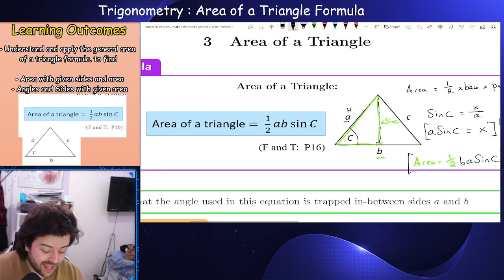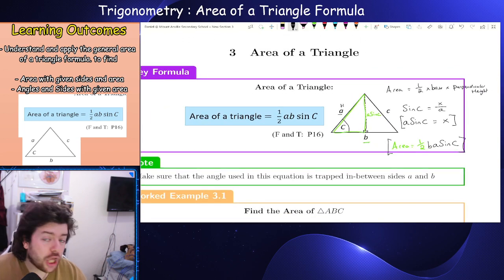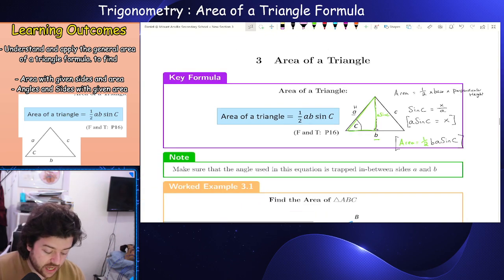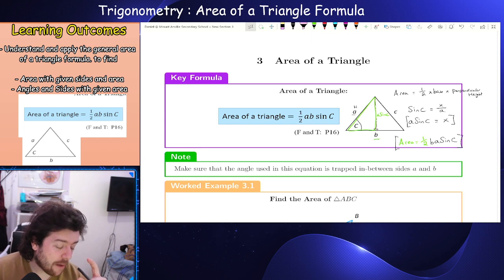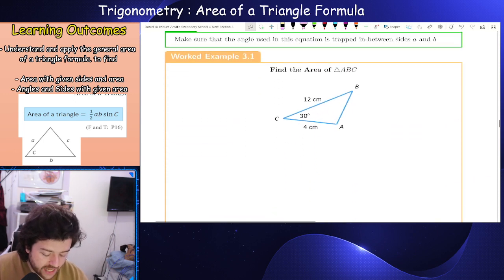This formula is given in your log tables, so you don't necessarily need to know it off, but it's very important that you remember that all we need are two sides and then the angle that is trapped between them. So let's look at some questions here.